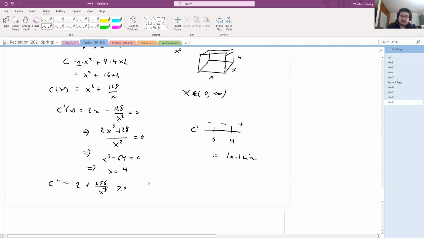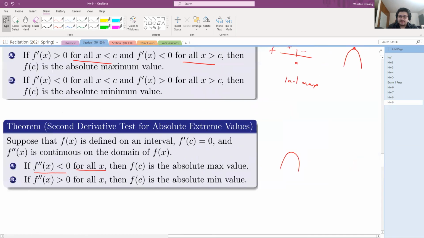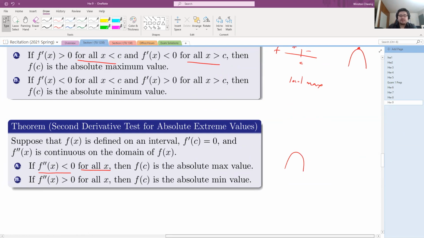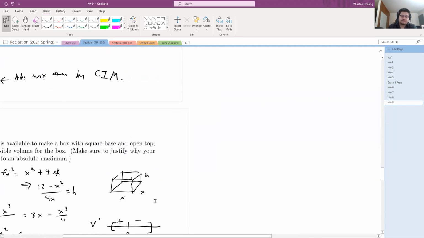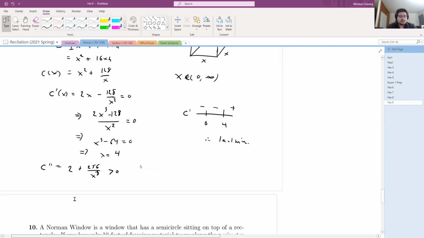So if you scroll back up to the statement about the second derivative for absolute extremes: if the second derivative is always positive or always negative for x in that interval, then what you have is an absolute max or min, whichever one you're looking for. All right, so this allows us to conclude that x equals 4 is going to give us an absolute min.